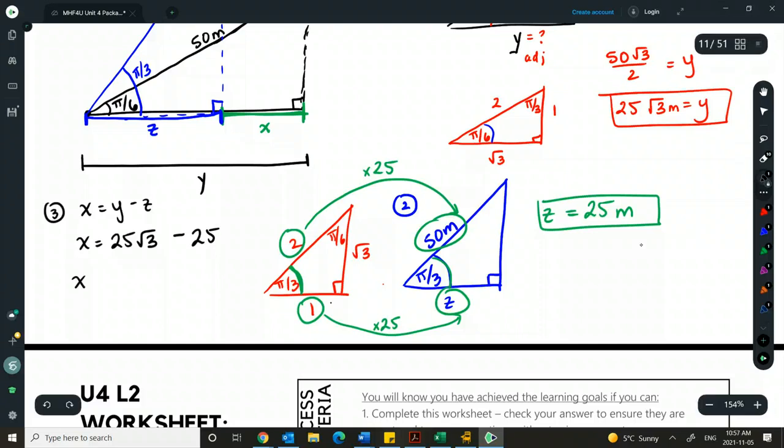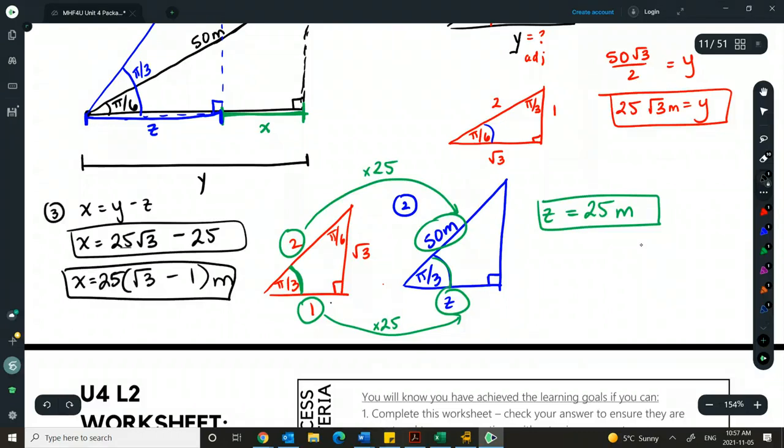And probably the way that we're going to express this is just common factor out the 25, just to have this as a simplified value here. So if I take out the 25, I'm left with root 3 and 1 here.